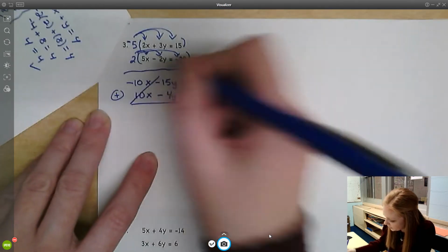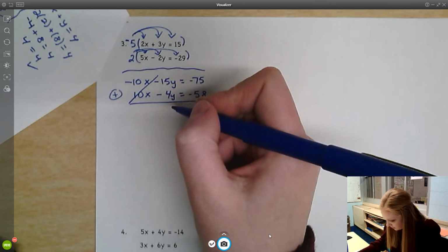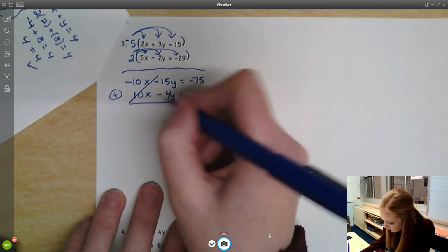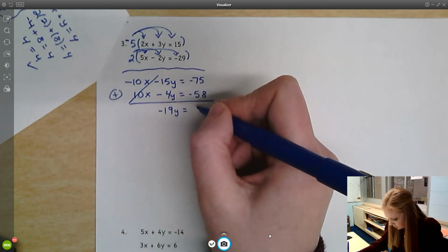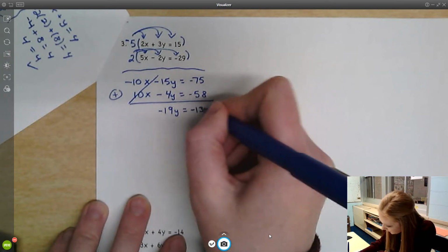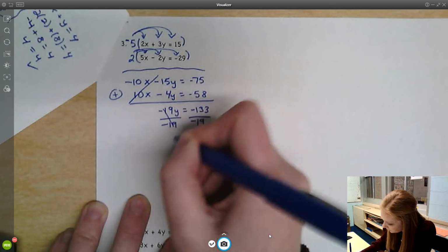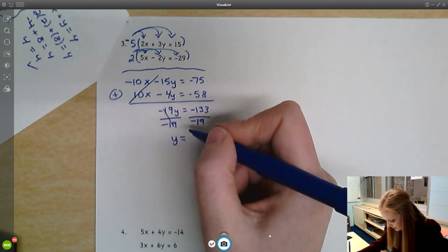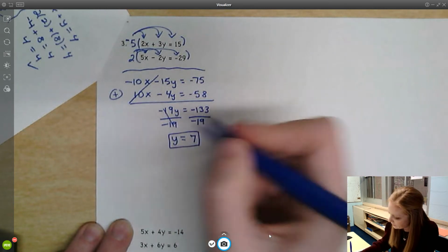Let's add these two equations together. Our x's are going to cancel out. Negative 15 plus negative 4 is going to give you negative 19y equals negative 75 plus negative 58, negative 133. Divide both sides by negative 19. And we determine that y is 7.